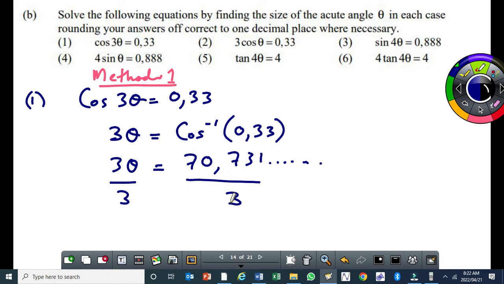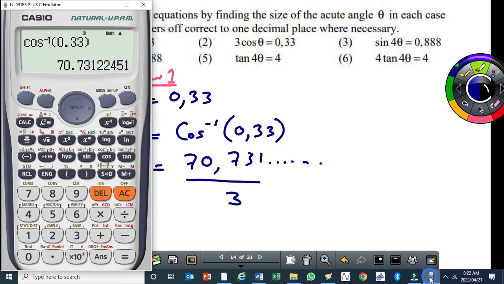And please be aware that on my calculator, I did not delete the answer I got from using shift cos. So if you go back to the calculator, the size of shift cos of 0,33 is still there. So all I have to do now is just divide this by what? By 3. I did not round it off, then divide by 3.